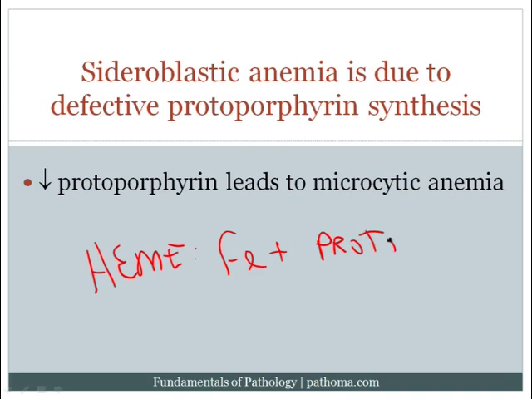All right, and if there is a disorder in the ability to produce protoporphyrin, then low protoporphyrin would result in low heme, and low heme would result in low hemoglobin, and low hemoglobin would then result in a microcytic anemia. So that's the paradigm that we've established, and of course this follows that.